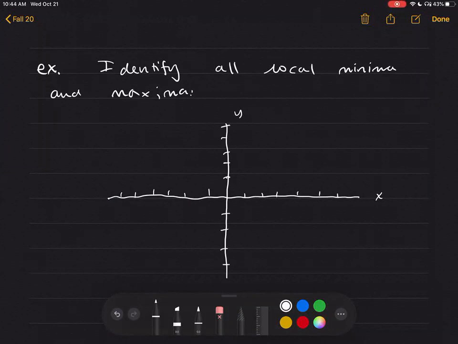Okay, and I want to draw this. So we have this point here and this point here, and then 2 up here. I believe, yes. And then a parabola looking thing, and then our line. So we want to identify all local minima and maxima for this function.